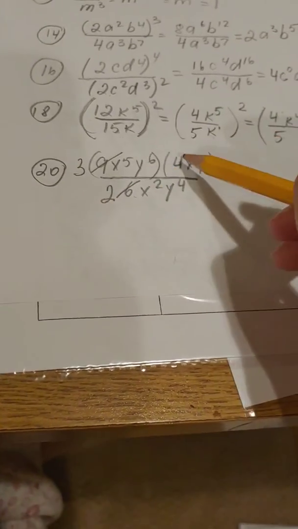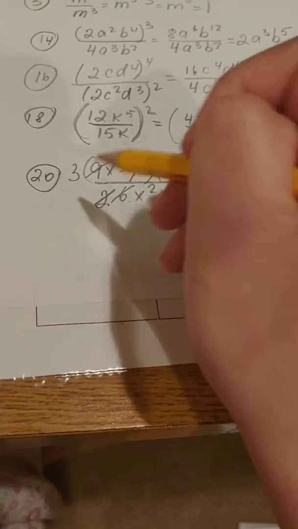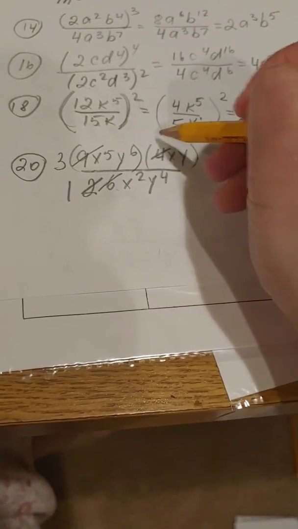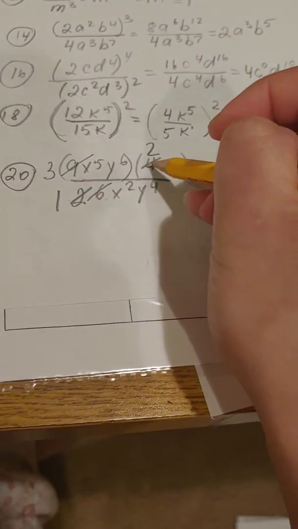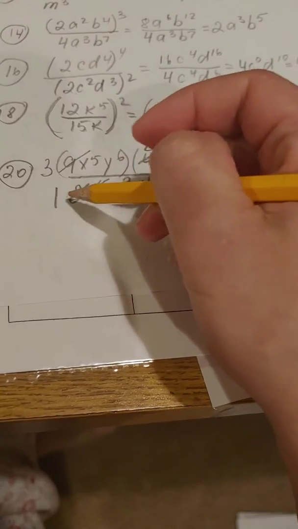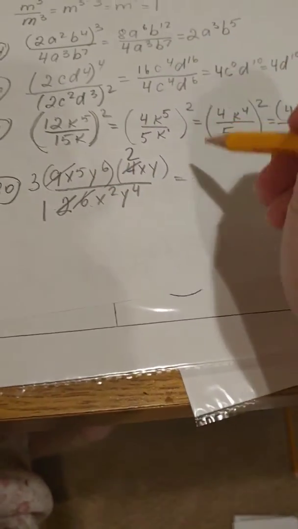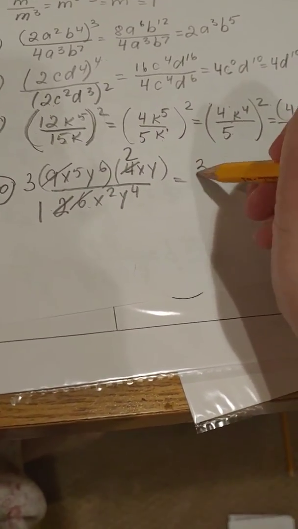Now I see 2 on the bottom, 4 on the top, cross 2, get 1, cross 4, get 2. So in other words, I divided the top and the bottom by 2. So the only number that I have left is 3.